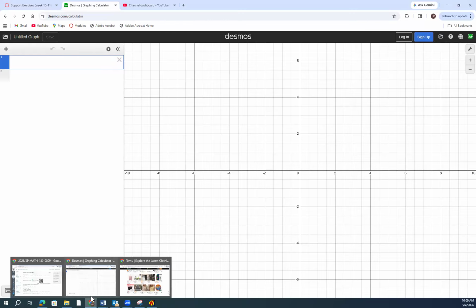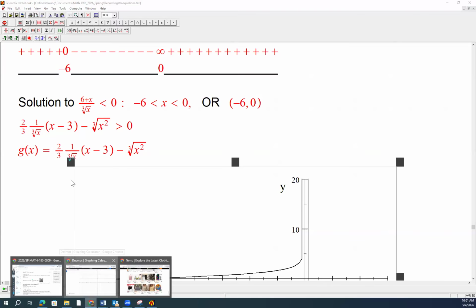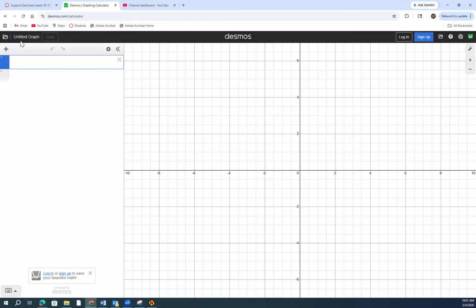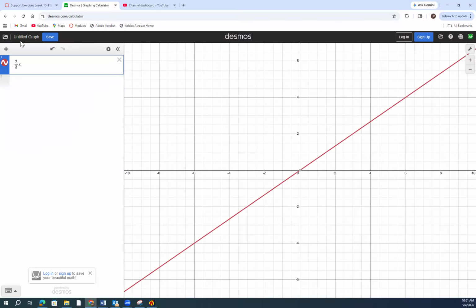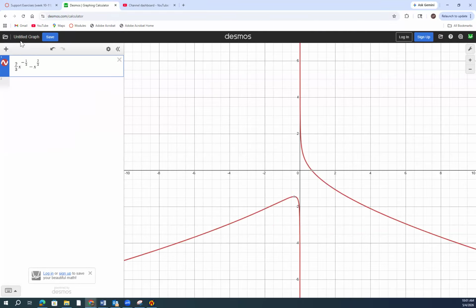Let me write down the question. The question, which is 2/3, right? Okay, I'm going back to Desmos. So we got 2/3, x raised to the power of -1/3 minus x raised to the power of 2/3.